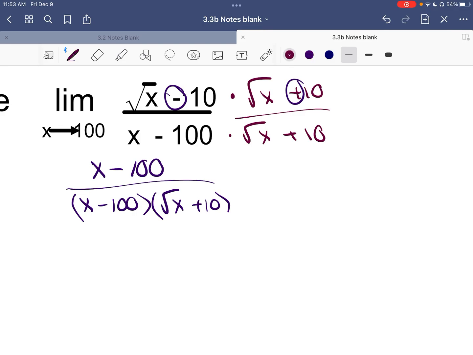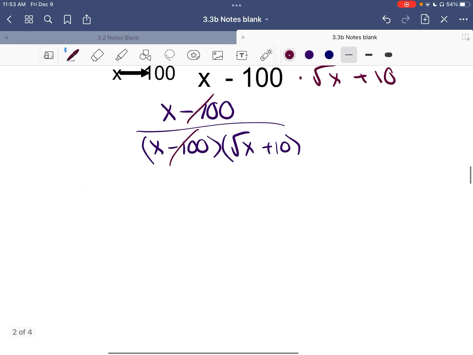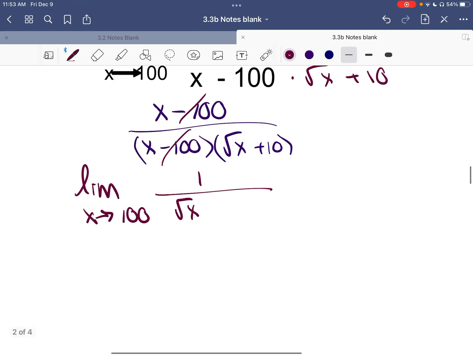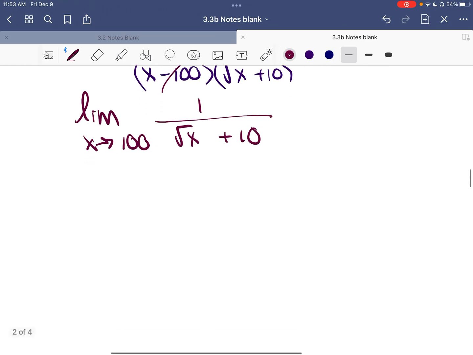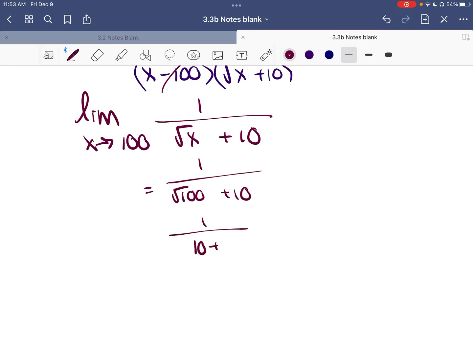So now we have basically forced a common factor. Now that our common factor is gone, we find the limit as x approaches 100 of our function 1 over the root of x plus 10. So that's going to be 1 over the square root of 100 plus 10, so 1 over 10 plus 10, which is 1 over 20.